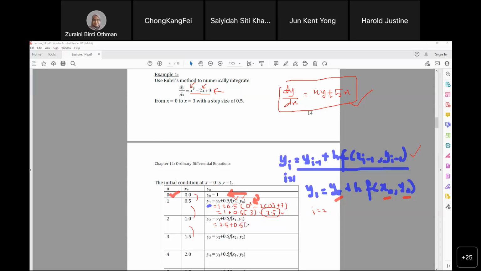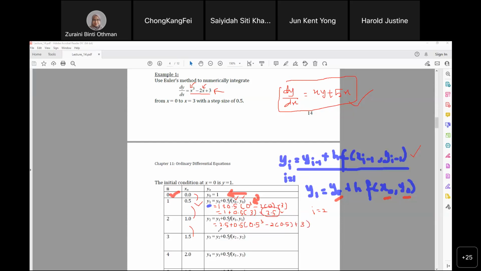Okay, now we already get our x1 and this is the value of y1. Jadi masukkan dalam equation kita yang diberi. Jadi sekarang dekat situ it is x kuasa 3 ialah 0.5 kuasa 3 campur tolak 2 kali 0.5 campur 3.